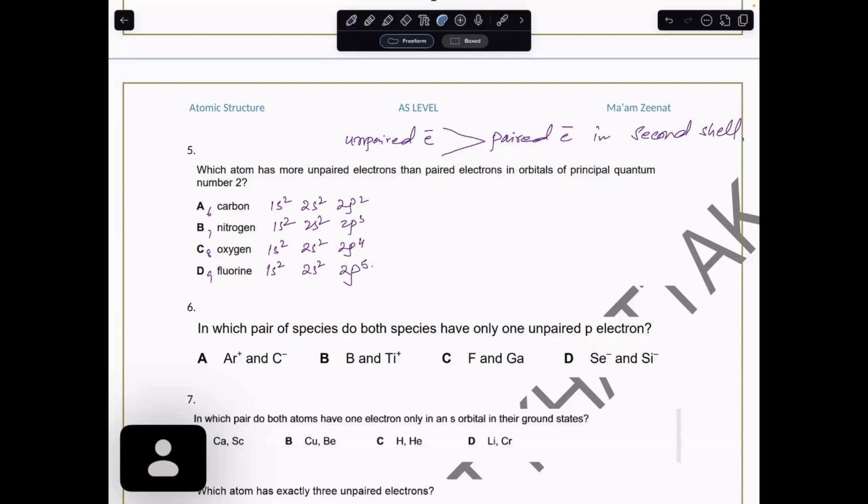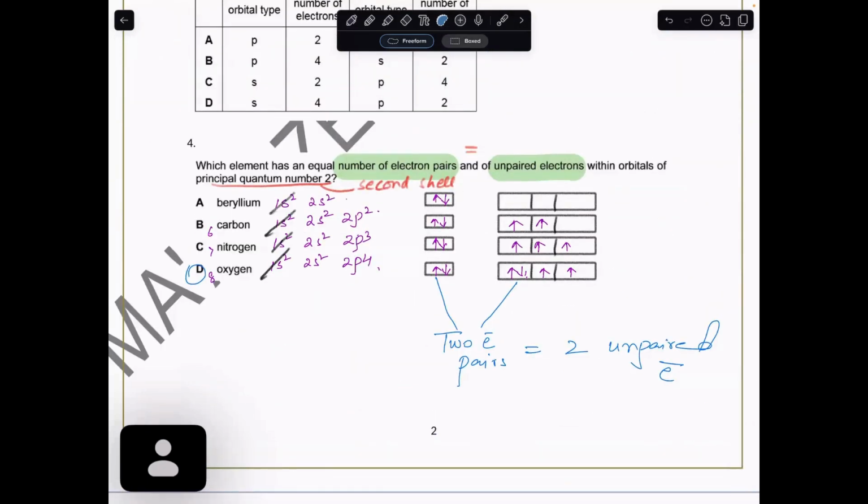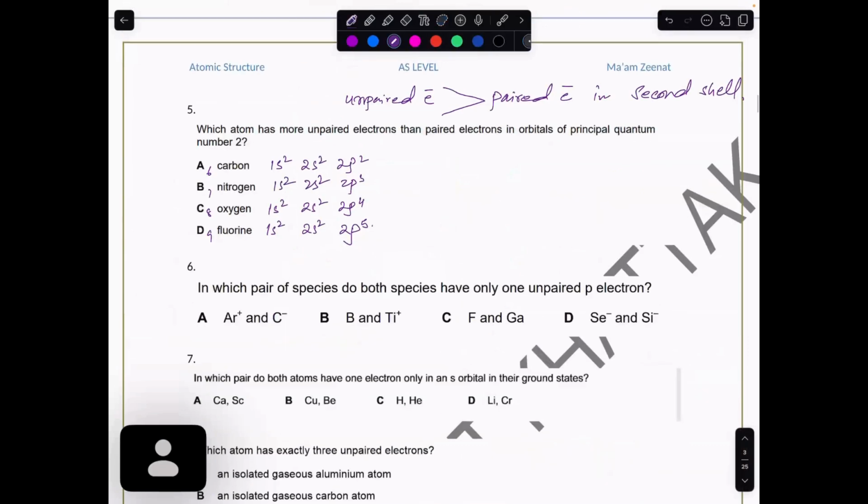Now, what am I supposed to do? The question is about the second shell again. I'm cutting the 1s, and I'm left with this.